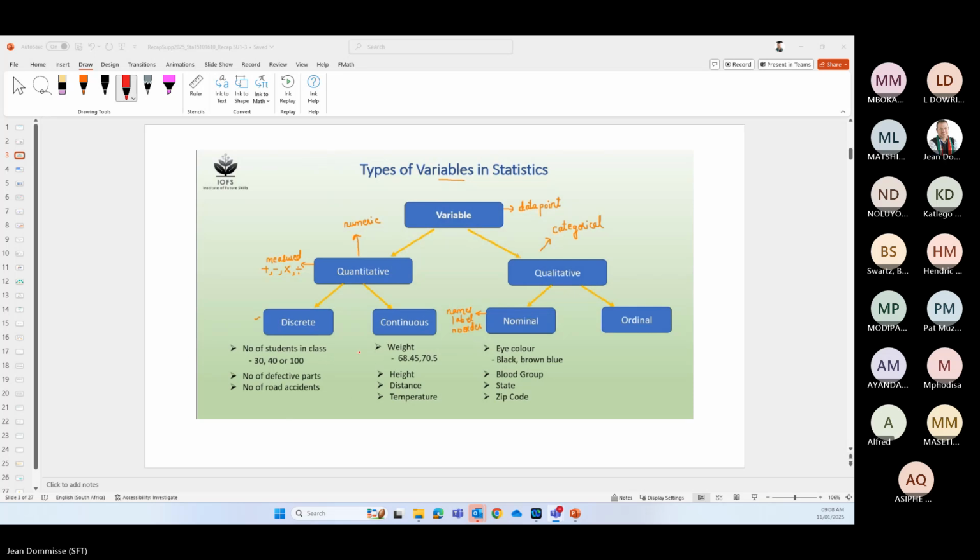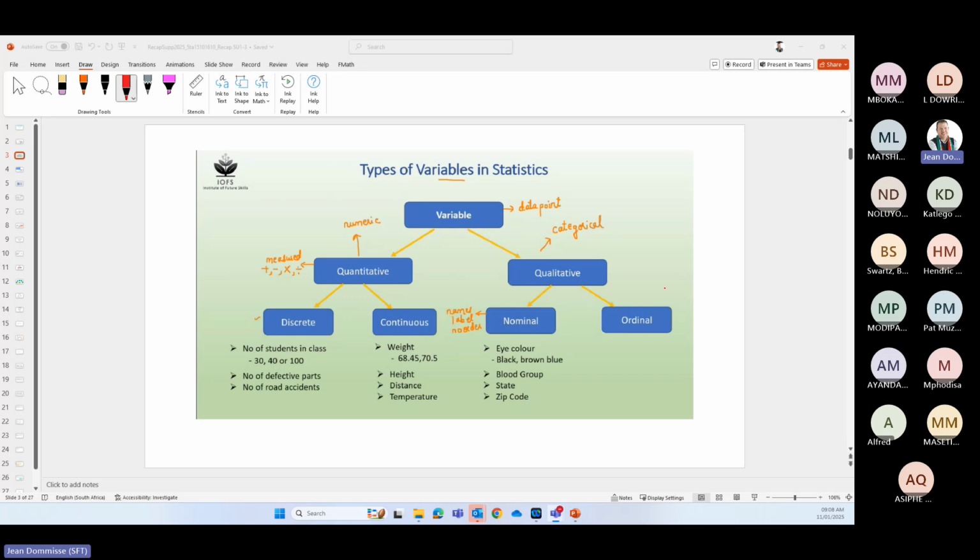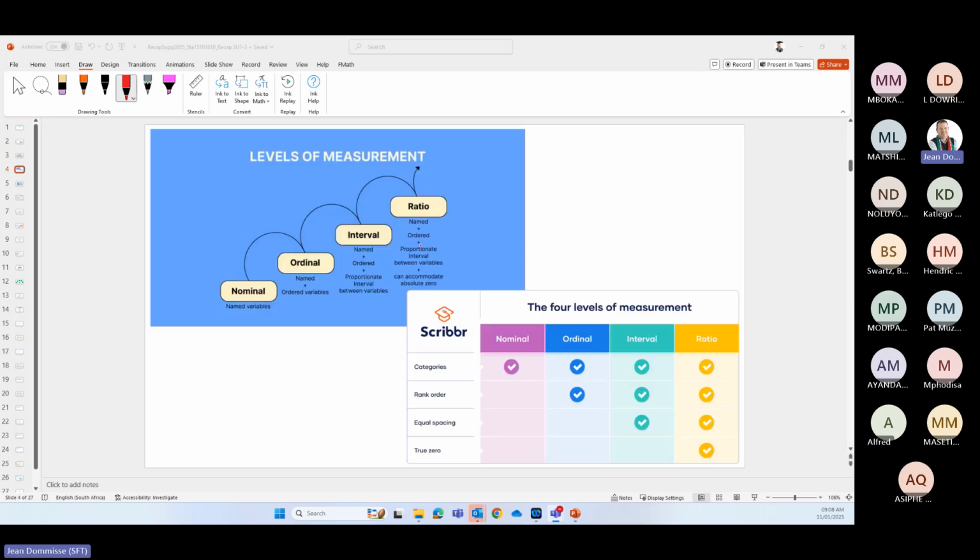And then another part of what we need to look at is levels of measurement. Okay, so we had here nominal, ordinal, discrete, continuous. So we look at those and ask, what is the lowest level of measurement? The lowest level of measurement is when something is nominal.